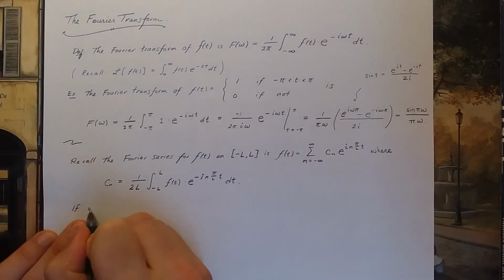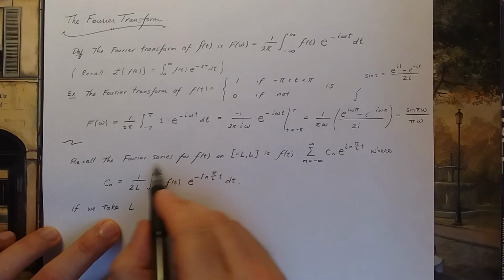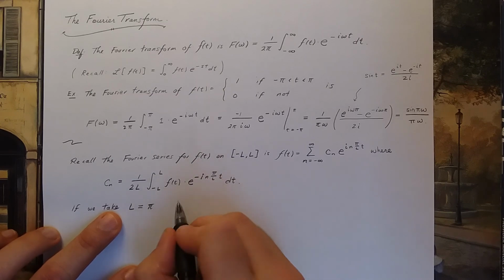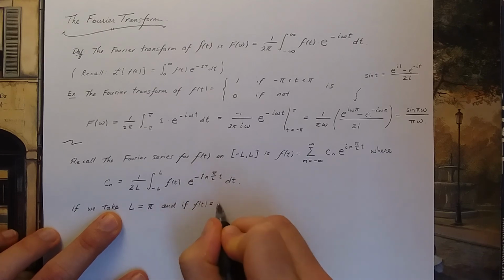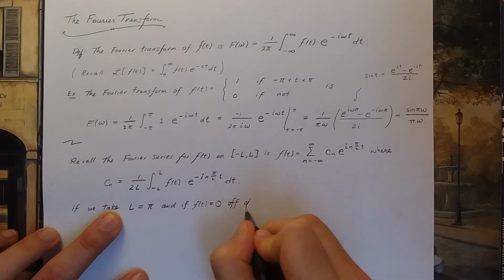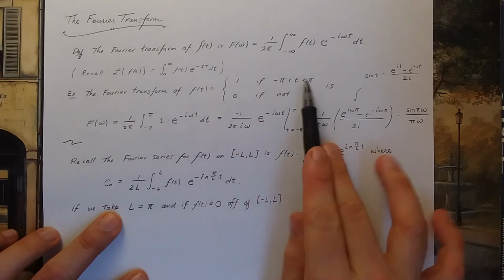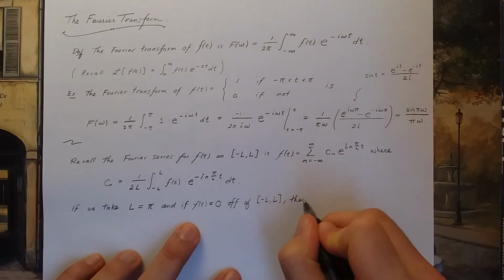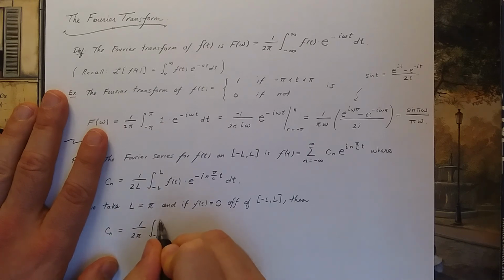So if we take the L in this Fourier series to equal pi, and if the function f of t is 0 off of the interval from negative L to L, like this previous function, then the constant Cn is, well, I'm taking L to be pi, so it's 1 over 2 pi, the integral from negative pi to pi.